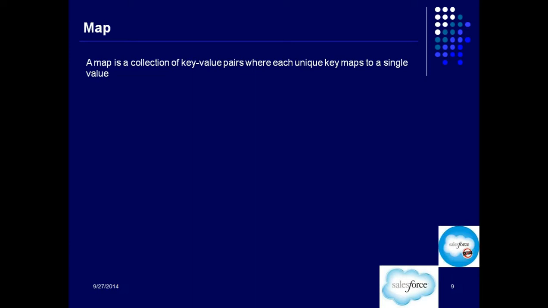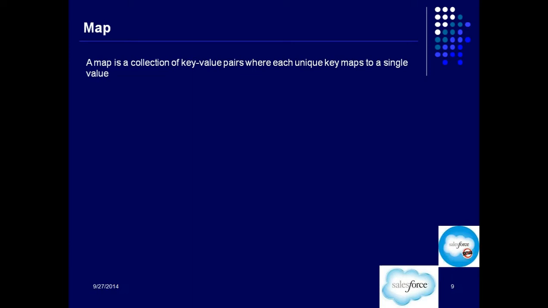Countries will be the keys. So in a map I will have two collections: one will be the keys and the other will be values. In this example, country is the key, currency is the value, right? So there will be a value corresponding to each key.